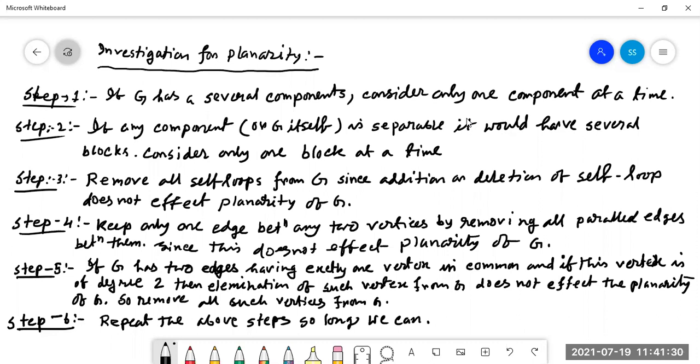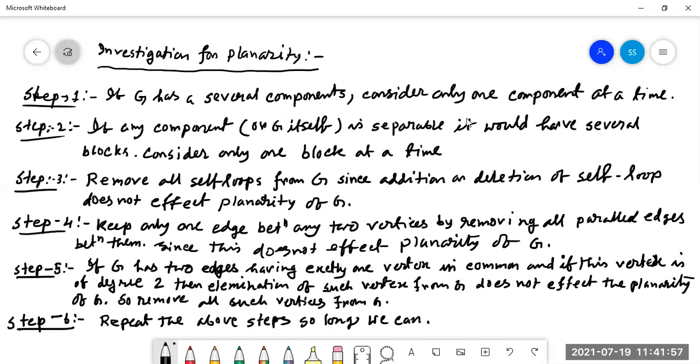Now remove all self loops from G, since addition or deletion of a self loop does not affect the planarity of the graph. If the given graph G has self loops, we can remove them, because adding or removing a self loop does not affect the planarity of G. Keep only one edge between any two vertices by removing all parallel edges between them.